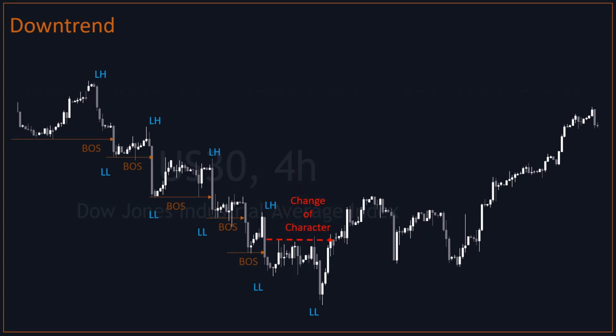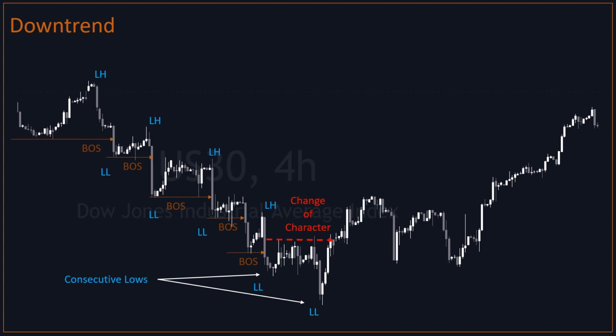Now the question is, why did we mark that area as a change of character? Again, you look at the bottom, you see two consecutive lows. Therefore once price goes above this area right here, we mark it as a change of character.